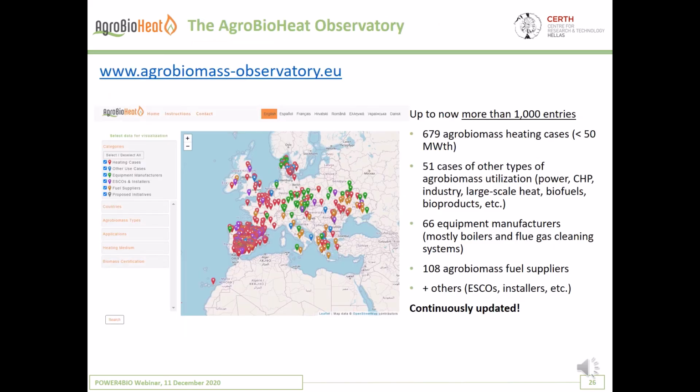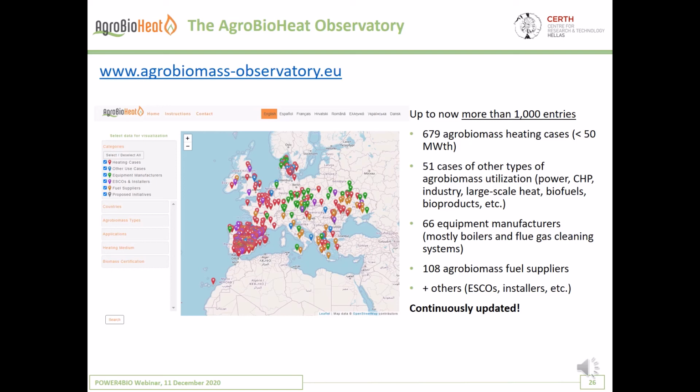The more agrobiomass heating is deployed, the more public acceptance we will have for it. Another thing which you can already visit is the Agrobiomass Observatory. This is a map-based tool that now includes more than 1,000 entries, and you can use it to find interesting things such as existing heating cases of agrobiomass. You can use it to find other examples of agrobiomass utilization, for example in large power plants, CHP production, biofuels, or even byproducts. You can find different equipment providers, for the moment mostly boilers and flue gas cleaning equipment.